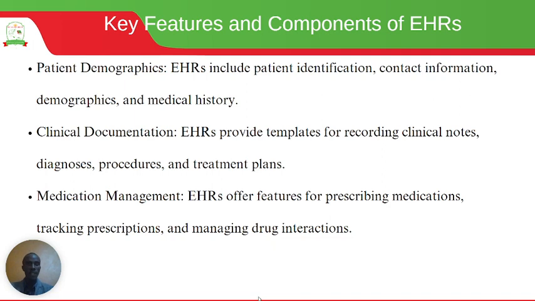So the key features and components of these electronic health records include the patient demographics, which could include the patient identification, the contact information, next of kin, demographics like sex, occupation, and location and address, and then the medical history.